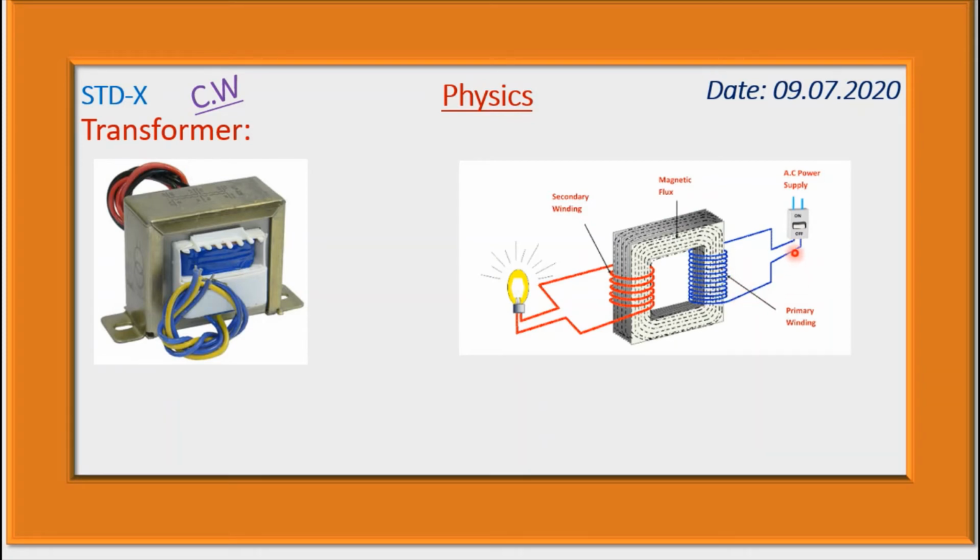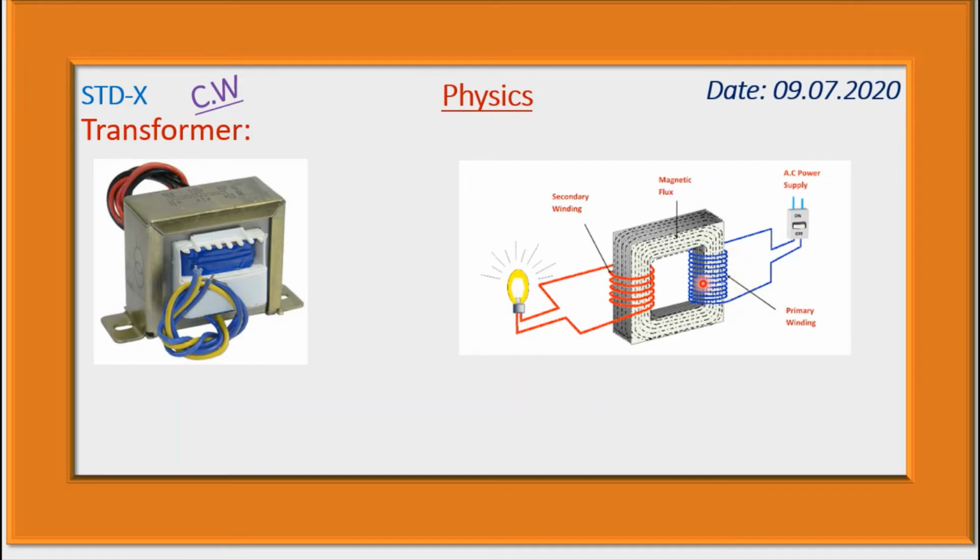When the current flow increases, the magnetic field increases. When the current flow decreases, the magnetic field decreases. In the case of AC, the magnitude of the current flow is not constant. The current flow increases, then decreases. Therefore the magnetic field produced around this coil will change.